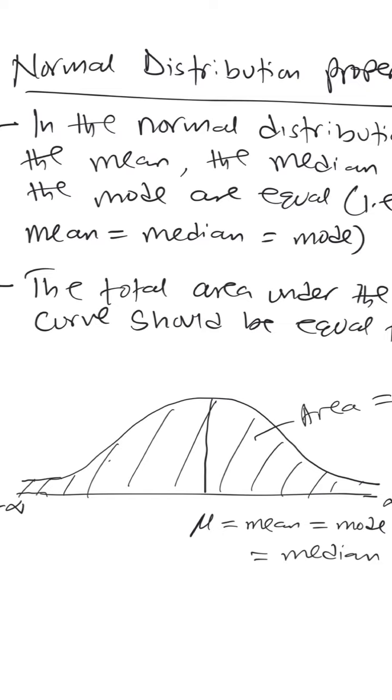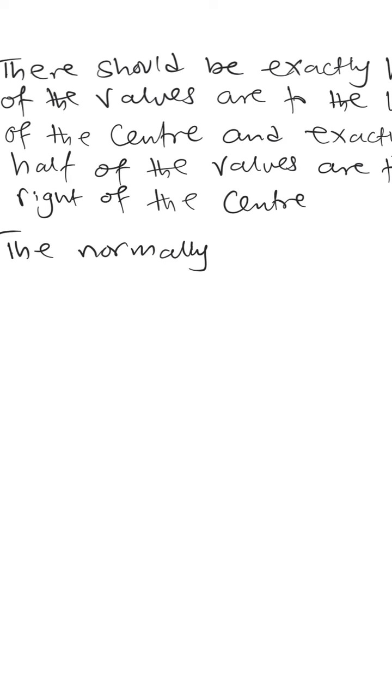Okay, there is this other property. Property number 3 is there should be exactly half of the values to the left of the center and exactly half of the values at the right of the center. The normally distributed curves should be symmetric at the mean or at the center.